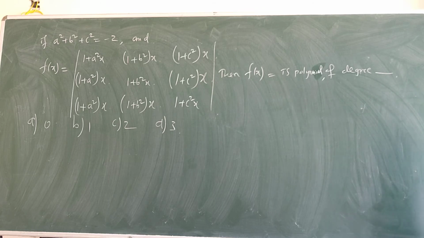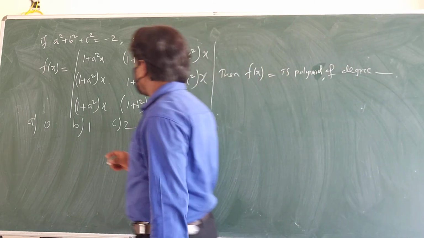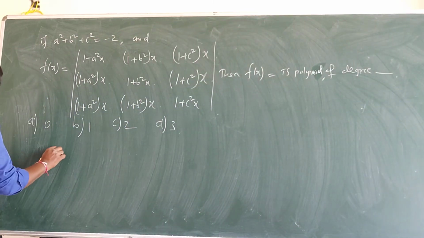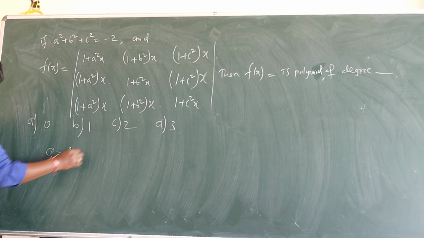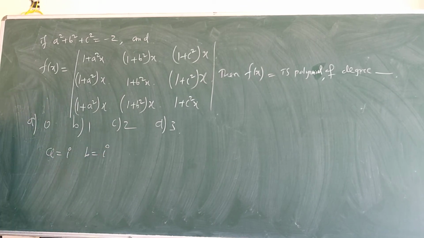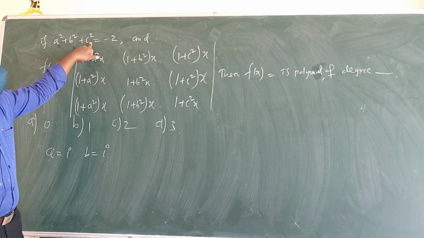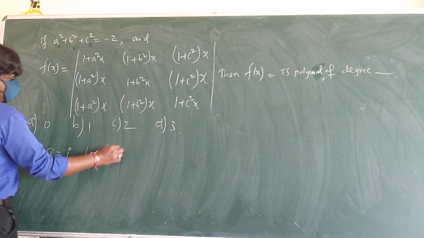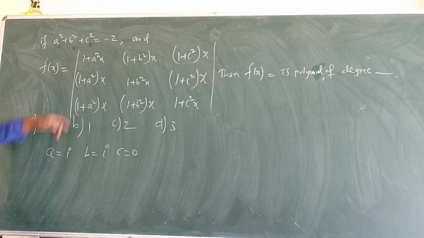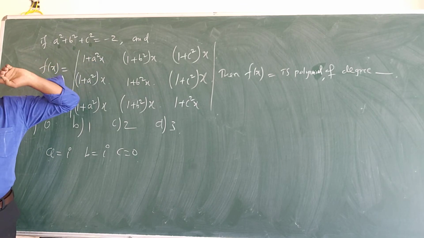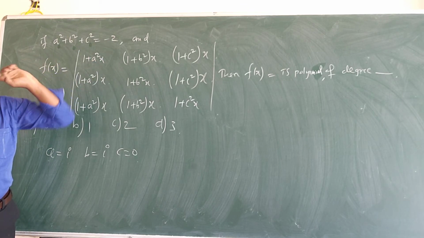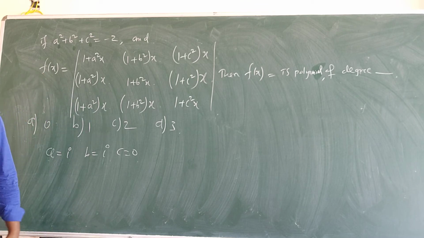Very good. What can I take here? A is equal to iota, B is equal to iota. Iota square is how much? A is minus 1, B is minus 1. And C will be 0. If I take like this, the value will become minus 2, right? So can I take like this? Yes. So do it.